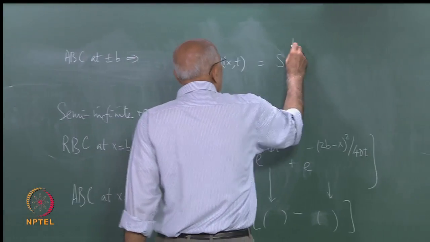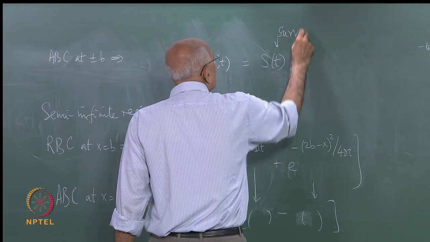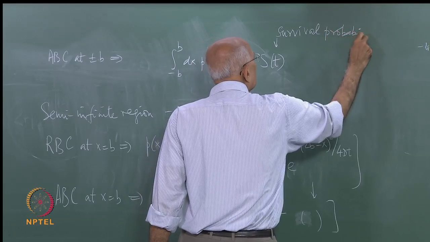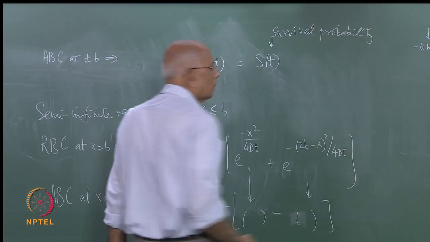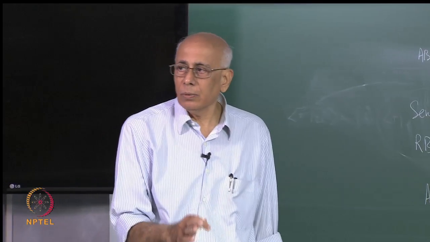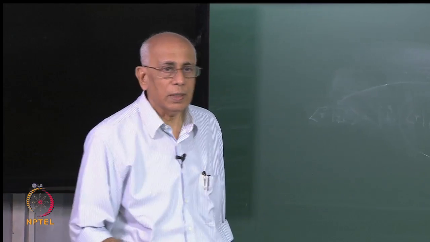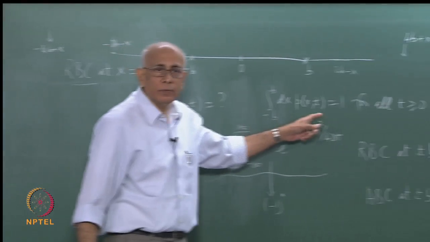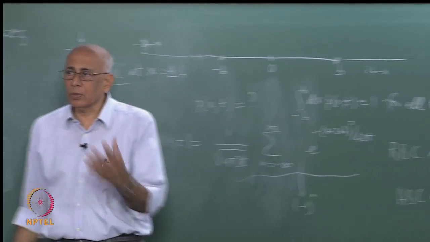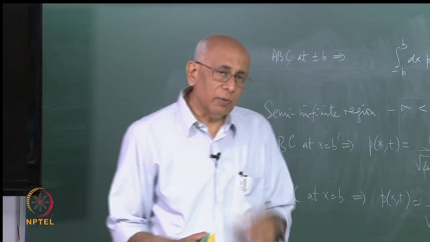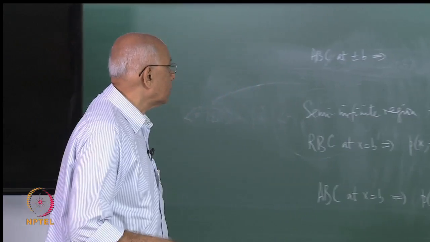So this thing here is of interest, okay, and this number must decrease to 0, starts at 1 at t equal to 0 and then decays to 0 as t goes along. So this normalization cannot be maintained. This thing is a decaying function of t, and this quantity is S of t, which decreases as time goes along. We will find out what it is, at least for free diffusion.